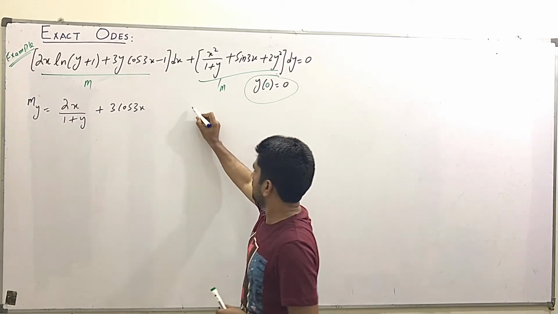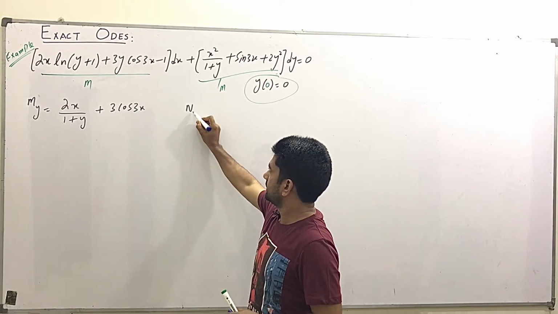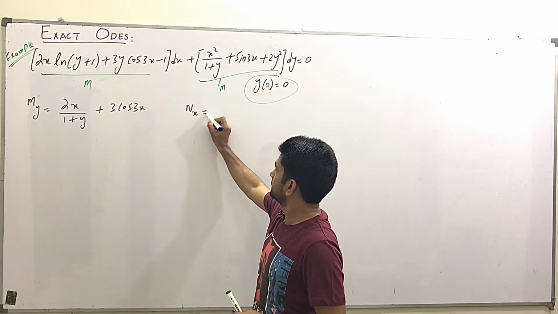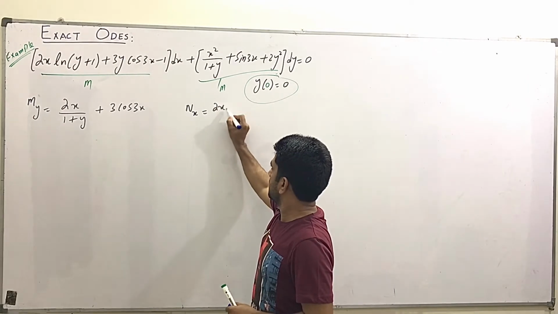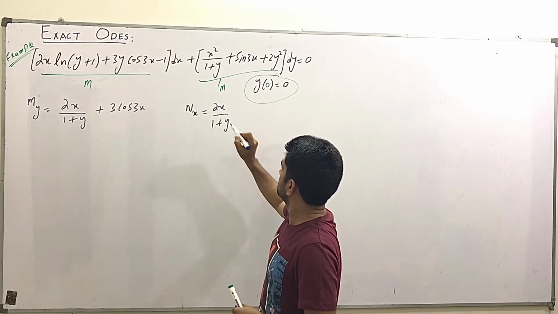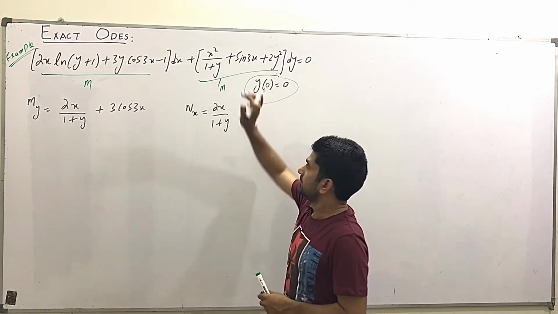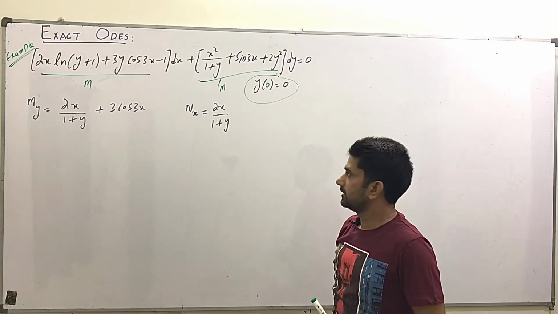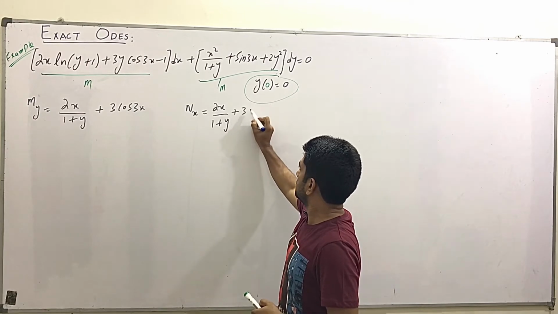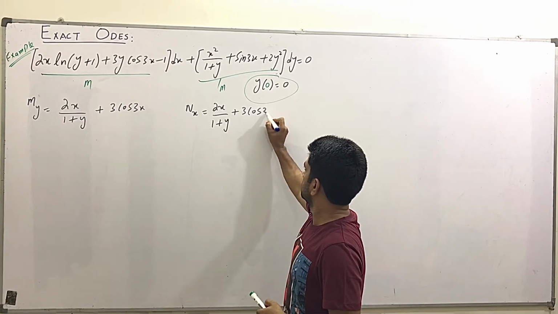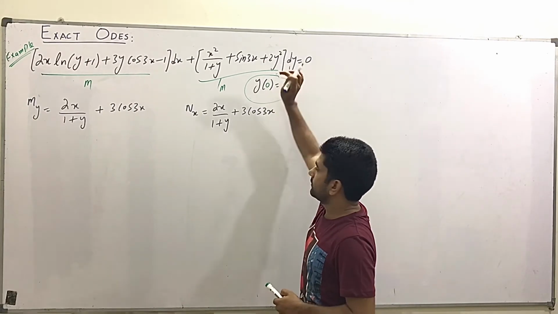And now for N we differentiate partially with respect to x, so the derivative of x square is 2x and 1 plus y as it is, and from here the derivative of sin 3x is 3 times cosine 3x, and this derivative would be 0.